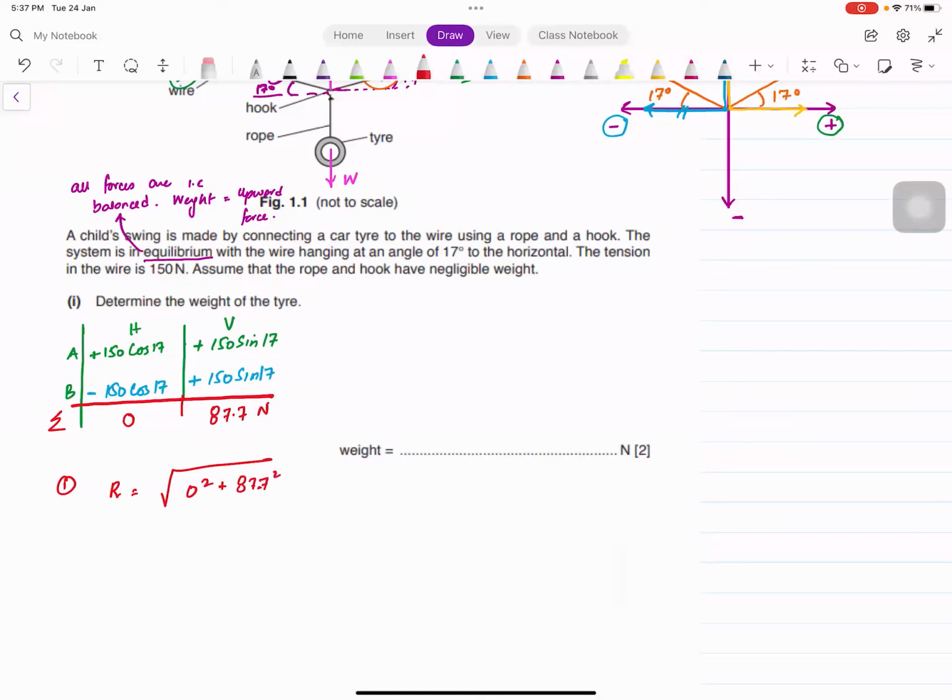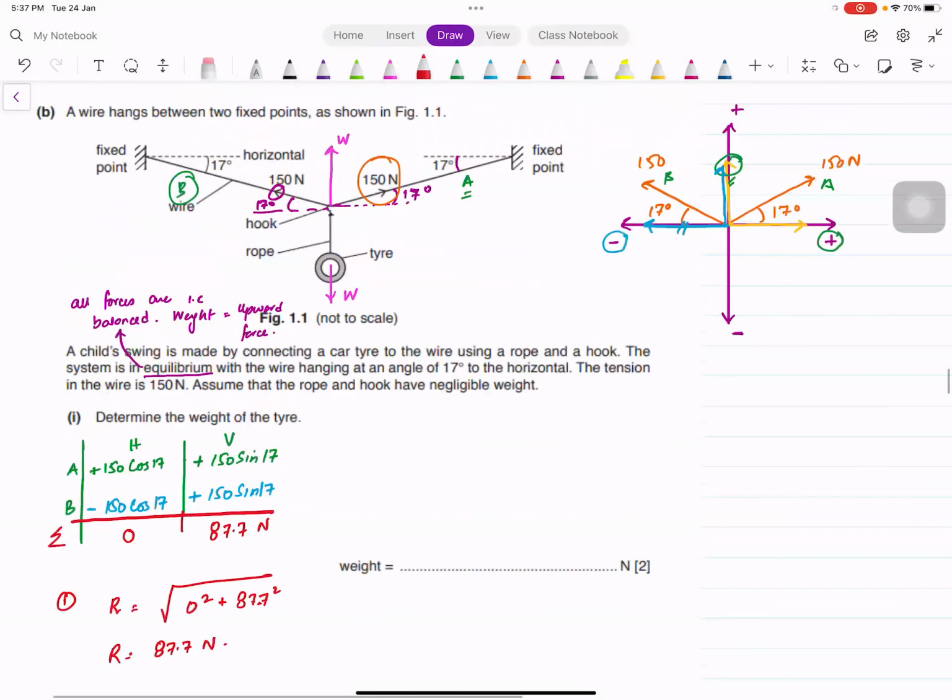Even if you don't take it, if one component is 0, the answer will be the same. So it is going to be 87.7 newtons. This means that the resultant of these two is acting vertically, and if this is 87.7 newtons, then obviously weight is the same. So I'm just going to write this answer.